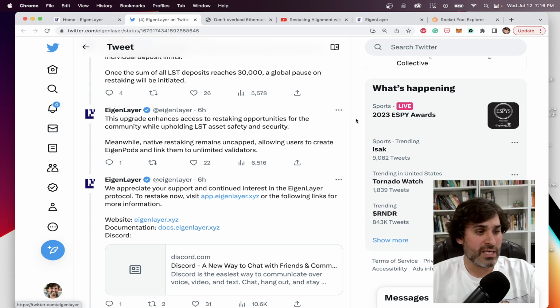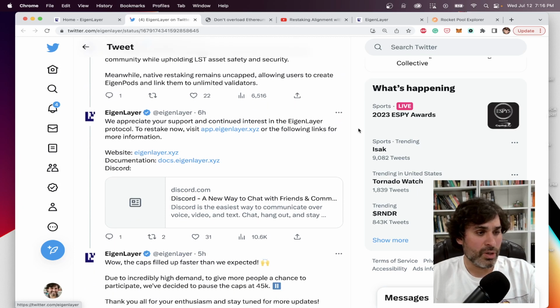Meanwhile, native restaking remains uncapped, allowing users to create eigenpods and link them to unlimited validators. We appreciate your support and continued interest in the EigenLayer protocol. To restake now, visit app.eigenlayer.xyz or the following links for information.